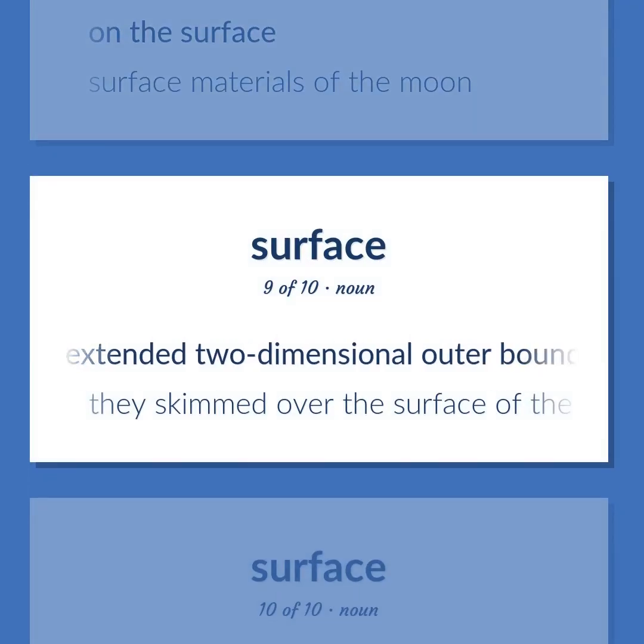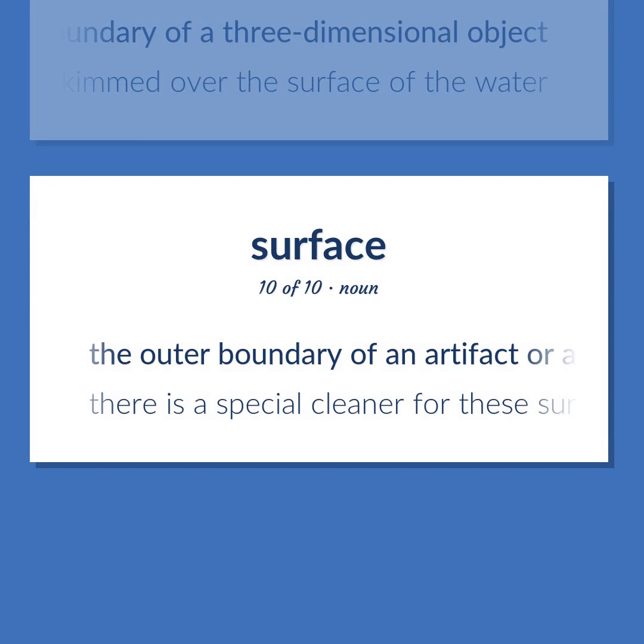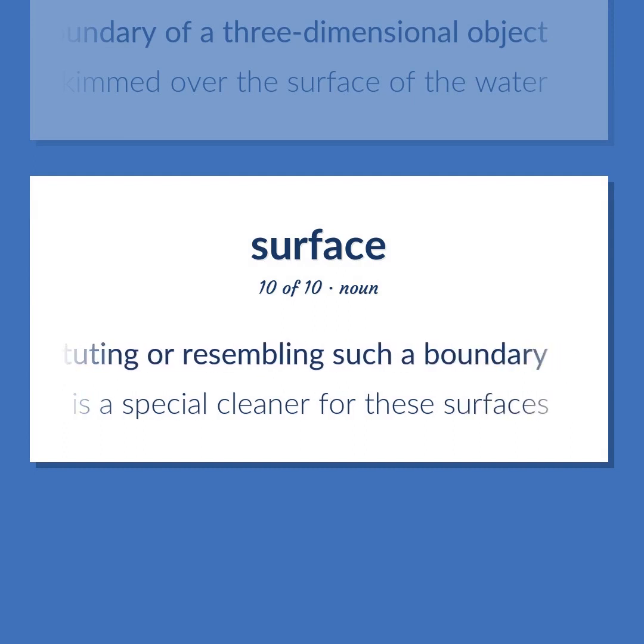The extended two-dimensional outer boundary of a three-dimensional object. They skimmed over the surface of the water. The outer boundary of an artifact or a material layer constituting or resembling such a boundary. There is a special cleaner for these surfaces.